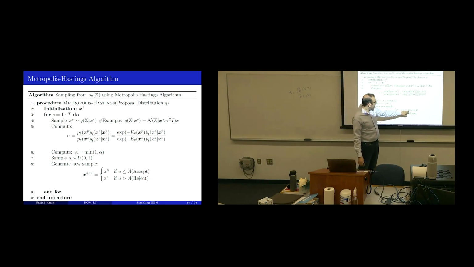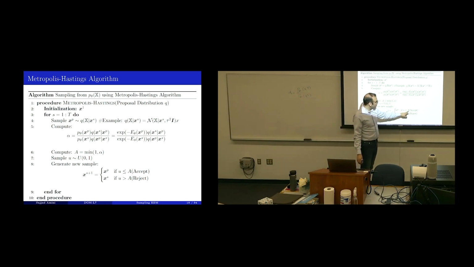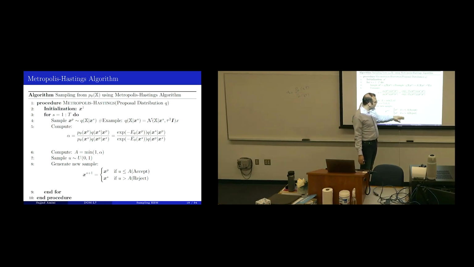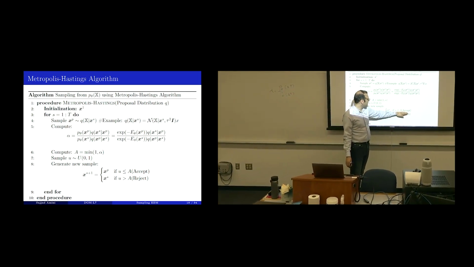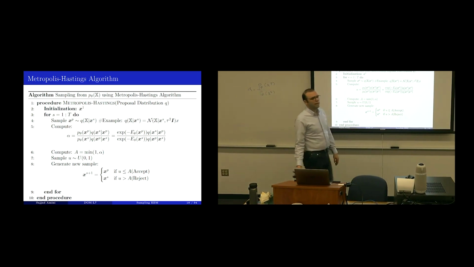If U is less than A, you switch. If not, you preserve your previous point. Now, when XP is more probable, A equals 1, so this condition is always satisfied and you always accept the new sample.